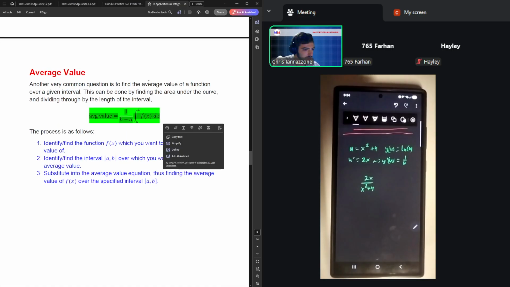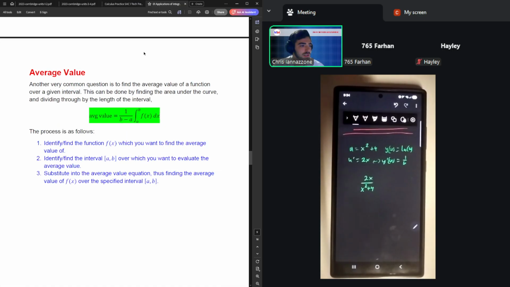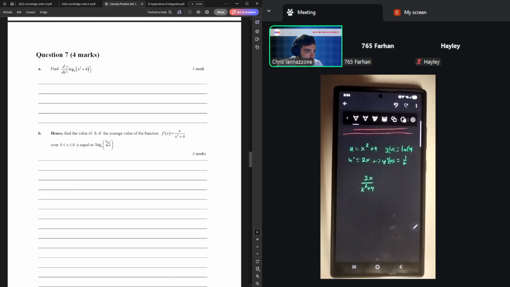It's a flat out equation to use. So this is your average value equation. As long as you know the domain, you just divide by the length of the domain and you'll find the integral of that function over that domain. So when we're talking about average value being equal to this, it means that integral is equal to that.